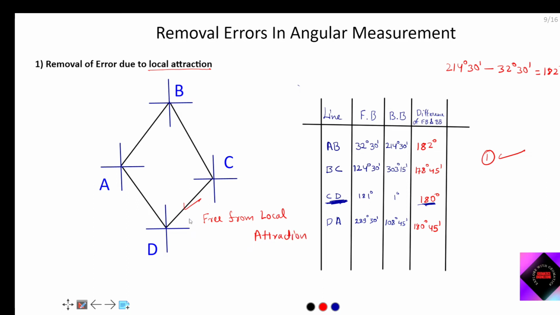So we have measured CD line, and in CD line there are two stations, one at C and one at D. So we will also consider that these stations are also free from local attraction.